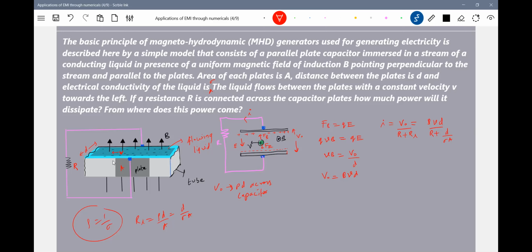Resistivity is the reciprocal of conductivity. Substituting that here, this is what our expression will be. The current I is equal to BVD sigma A divided by (R sigma A plus D).